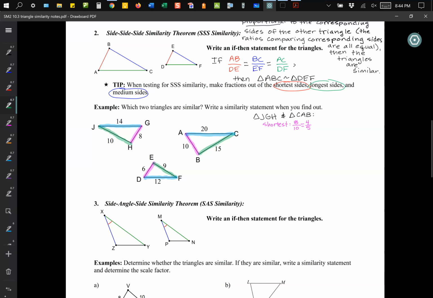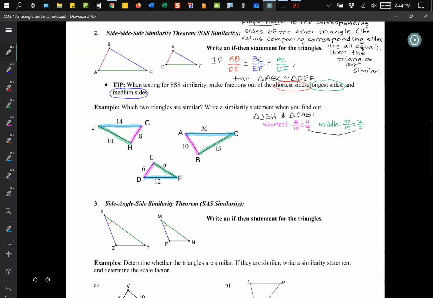So let's take a look at the middle sides. So the middle length side on the smaller triangle is 10, and on the other triangle is 15. Those can both be divided by 5, that's 2/3. Well, 4/5 and 2/3 are different.